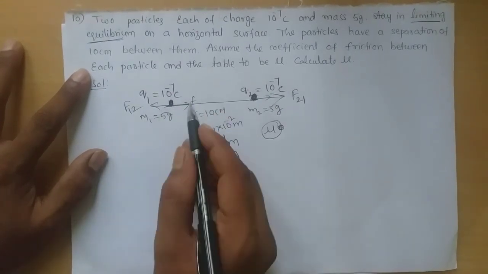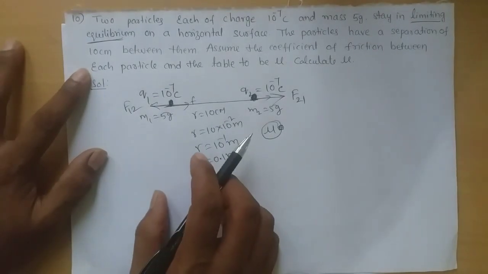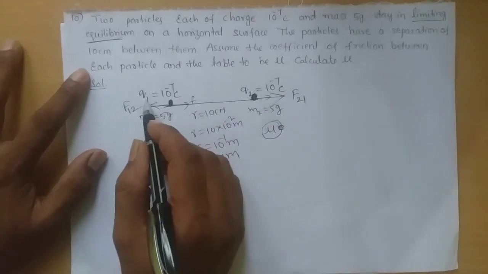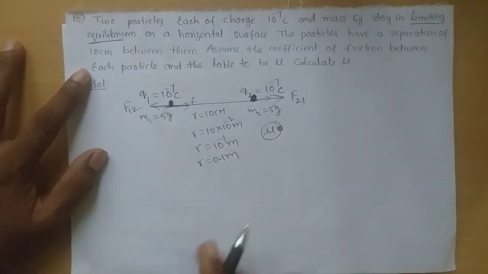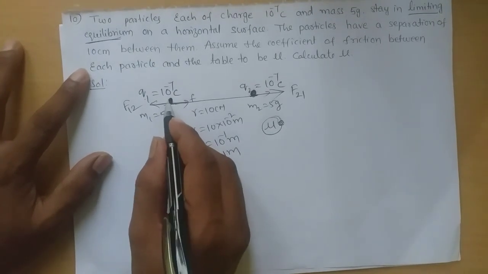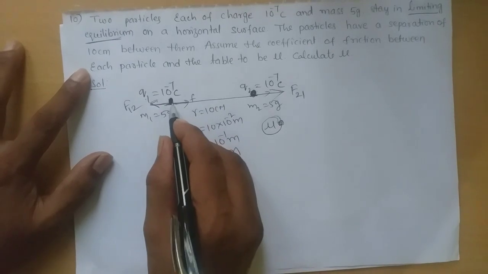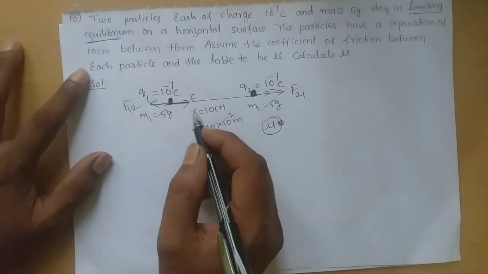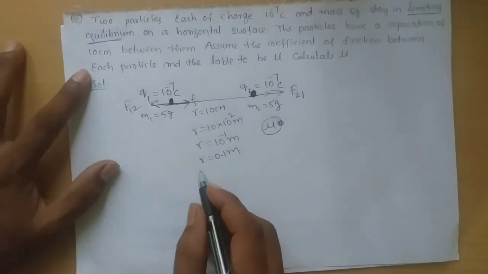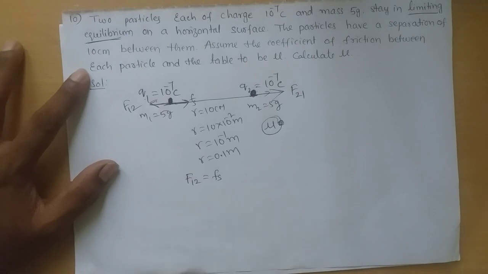If this force is more than this, then it will move in this direction. Now it is in limiting equilibrium, which means the force of repulsion between these two is equal to the frictional force. Now I am considering this one: the repulsion force is F12 in this direction, and the frictional force is F. So limiting equilibrium means the repulsion force is equal to the frictional force.